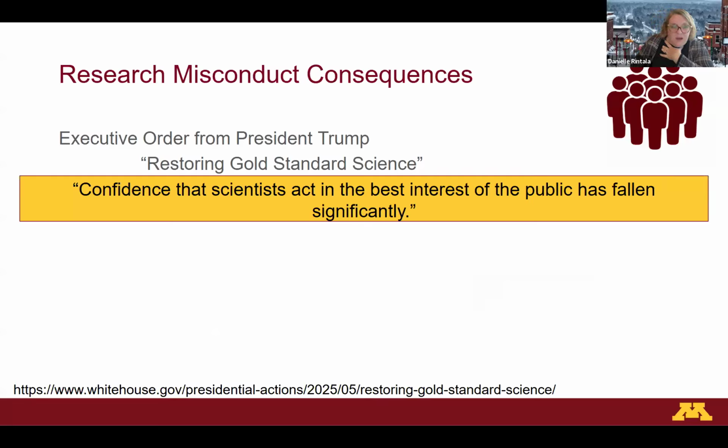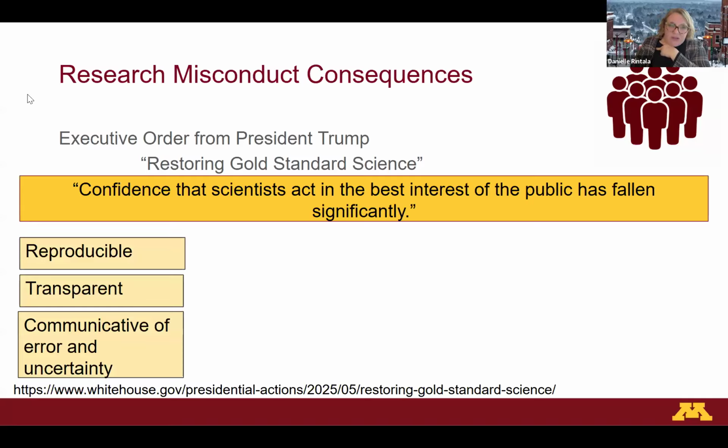I suspect, and don't quote me on this, that the Office of Research Integrity will become the liaison for probably broader agency support outside of PHS eventually, because the Restoring Gold Standard Science executive order issued during the Trump administration looks at ensuring that science trust is upheld, and, quote, confidence that scientists act in the best interest of the public has fallen significantly.